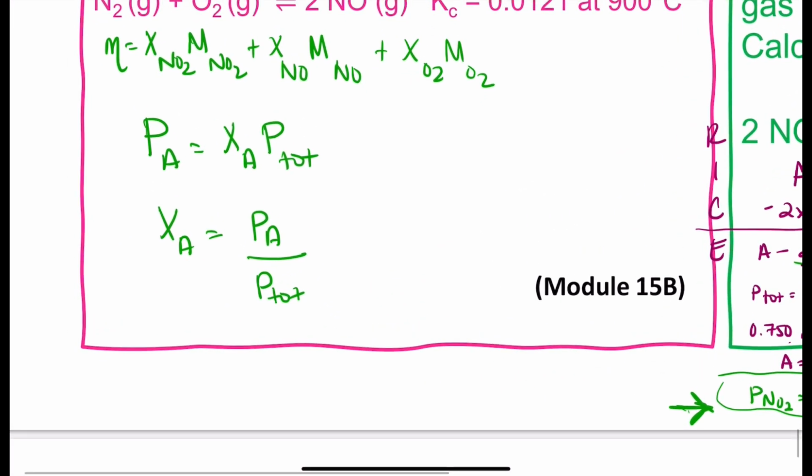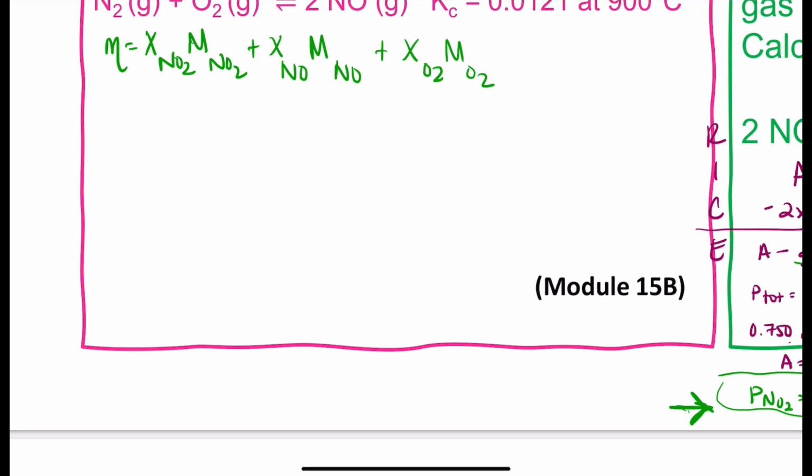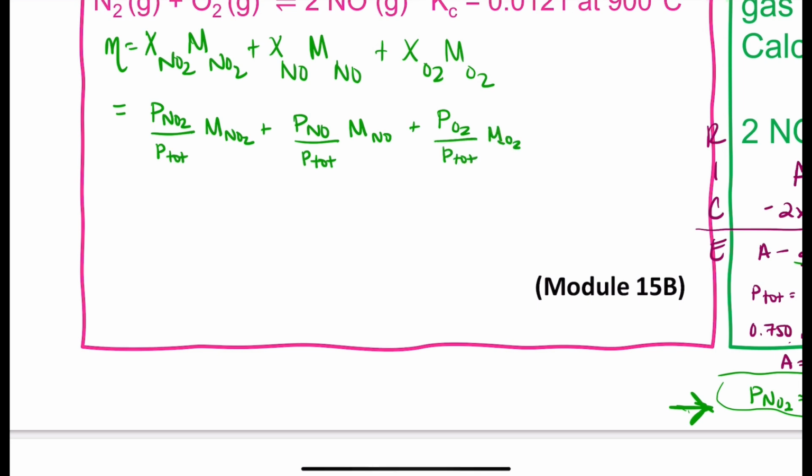So with that in mind, I'm going to reset this equation. This is equal to the partial pressure of NO2 over the total pressure times the mass of NO2, plus the partial pressure of NO over the total pressure times the mass of NO, plus the partial pressure of O2 over the total pressure times the mass of O2. I apologize, those should be molar masses. So again, substituting this in to here.